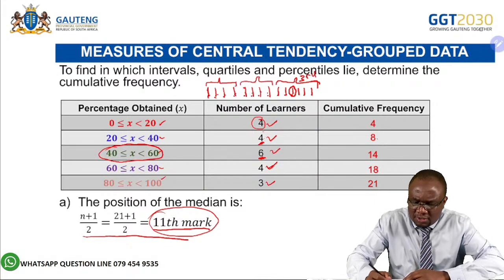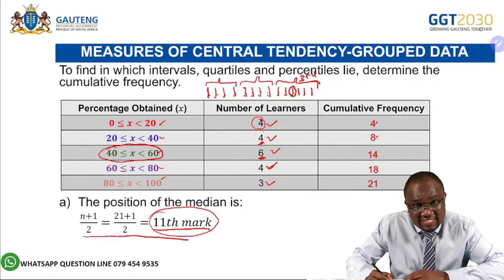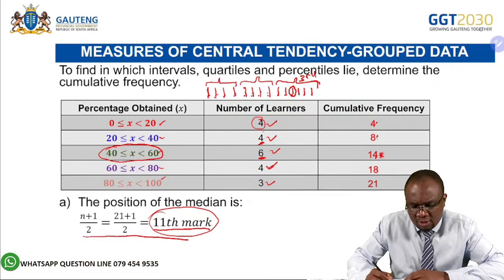You can even see using your cumulative frequency here. We have the first 4 here. We have the first 8. And then we have the first 14. Meaning that the 11th one is here. You see that? Cumulative frequency, we have the first 4, the first 8, the first 14.